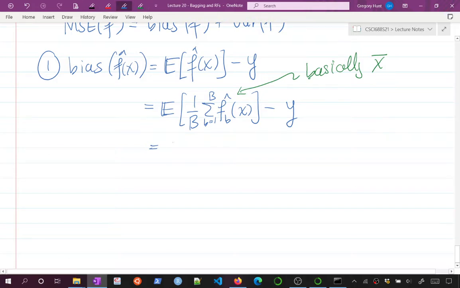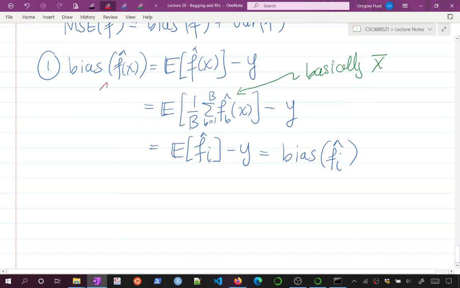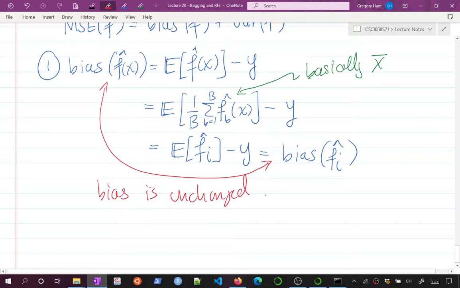So it is the same as the expected value of any of our individual F_b, which is the bias of any of our individual ones. So what I've shown here is that the bias is unchanged. That is, the bias of our bagged classifier, f hat, is the same as the bias of any of its individual constituents. So bagging doesn't change the bias.